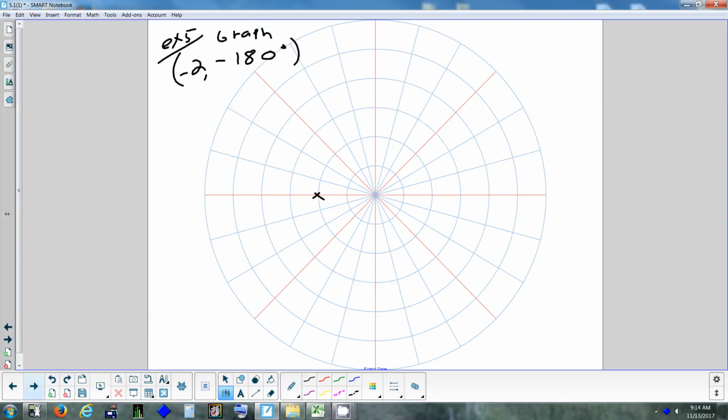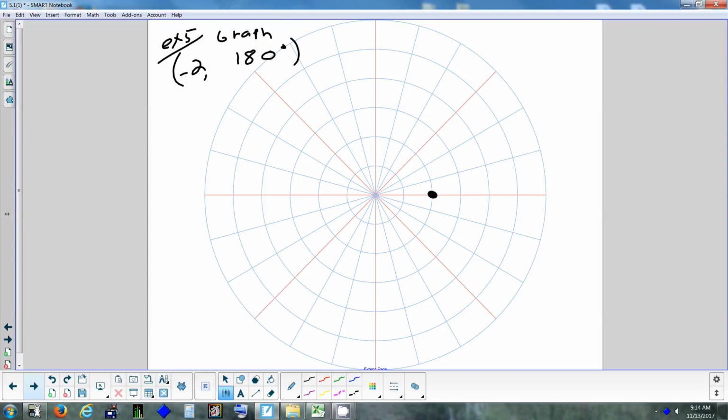Then you go clockwise to 0. Yeah, we're going to go clockwise 180 degrees, which, if you wrote that as a positive radius, would land you right at 0. Okay. So left 2, clockwise 180.